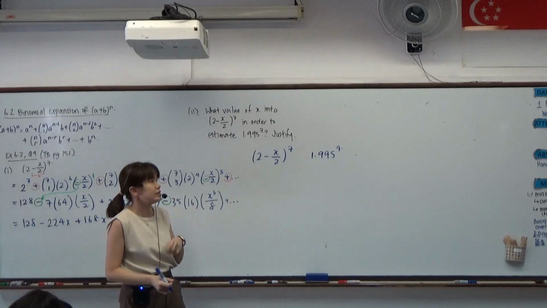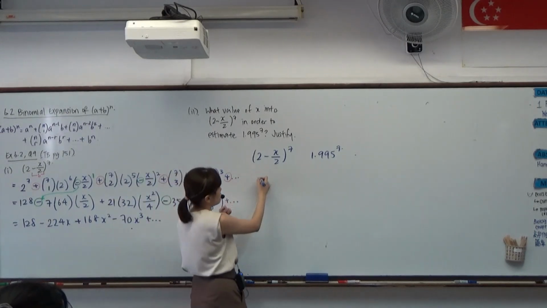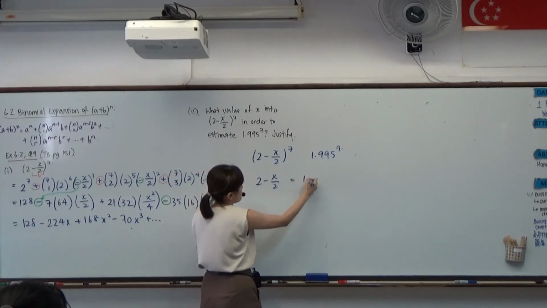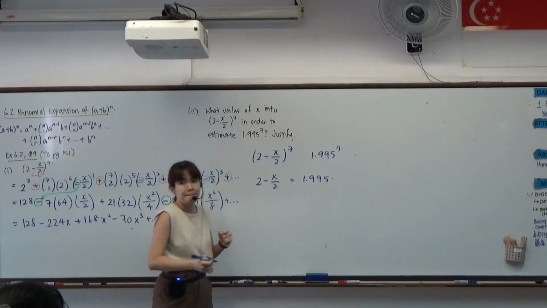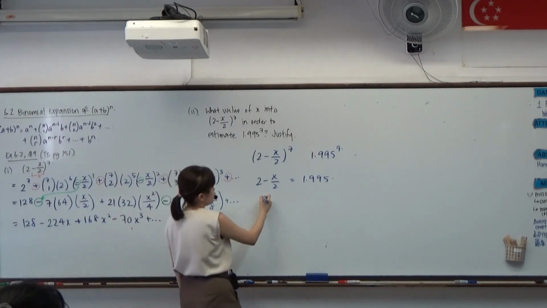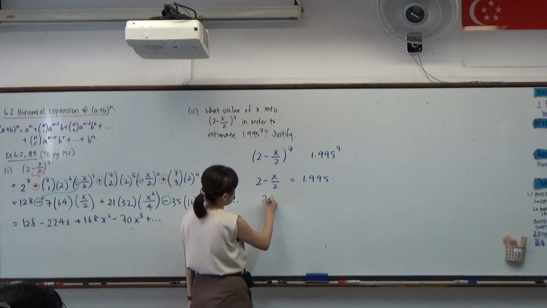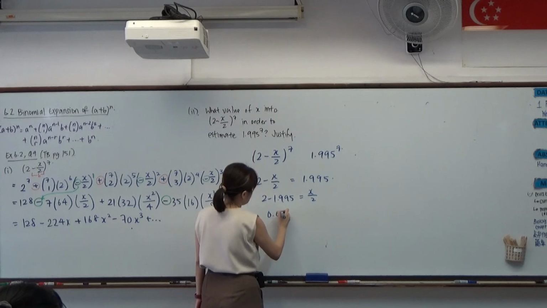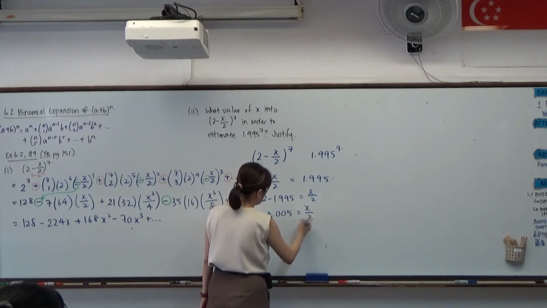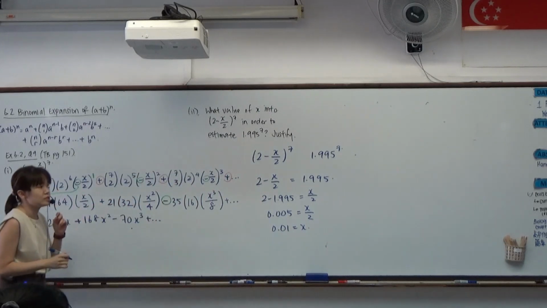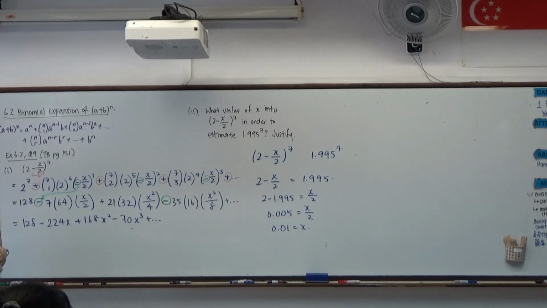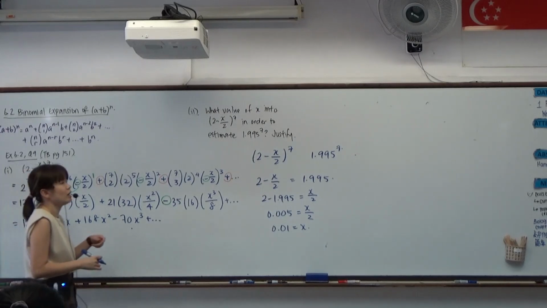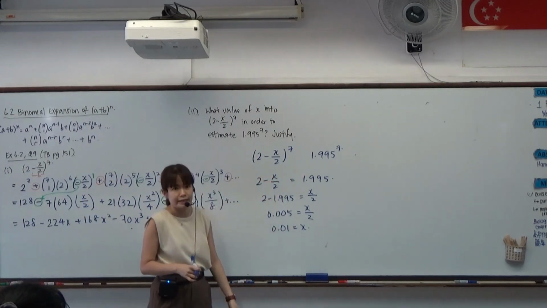The only logical comparison is to set 2 minus x over 2 equal to 1.995, then solve this algebraically. You find that x will be equal to 0.01. So we choose x equals 0.01 to help us estimate the value of 1.995 to the power of 7.